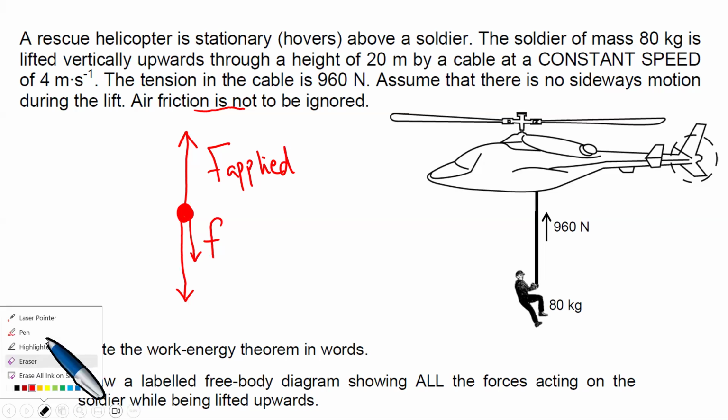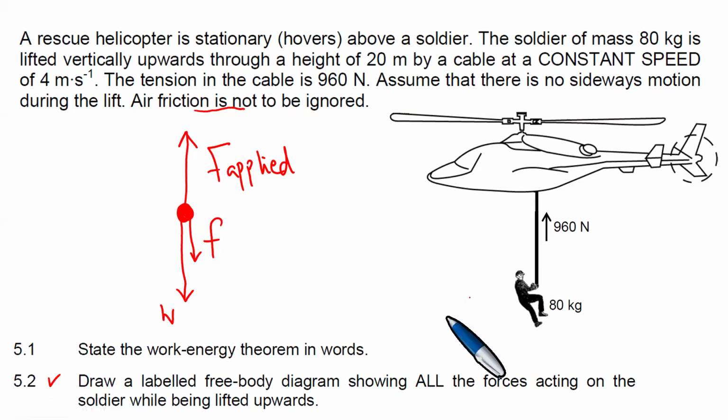So we understand that when this soldier of mass 80 kilograms is lifted vertically upwards through a height of 20 meters by a cable. Why is there force applied?